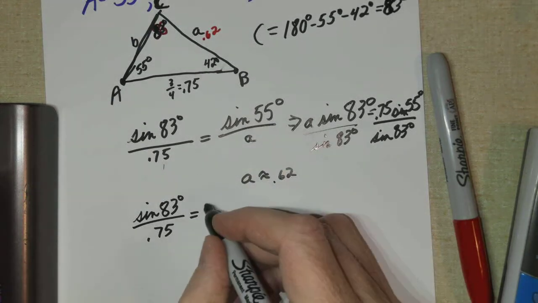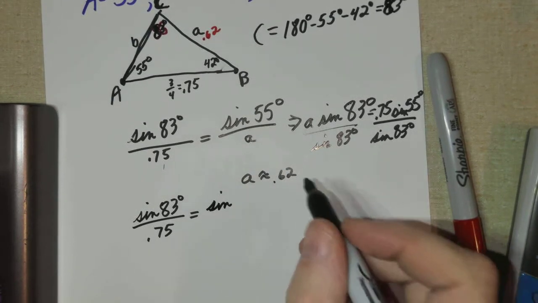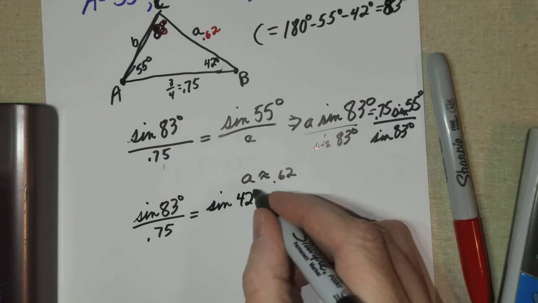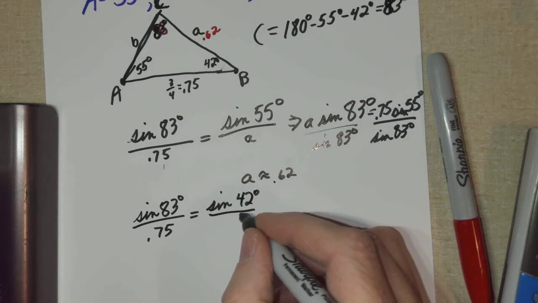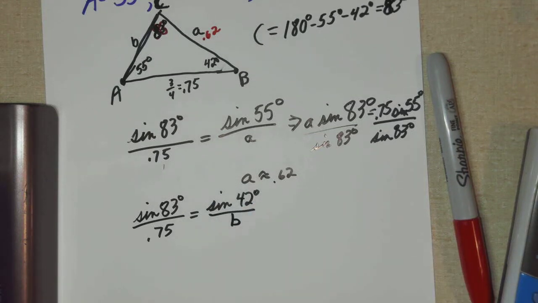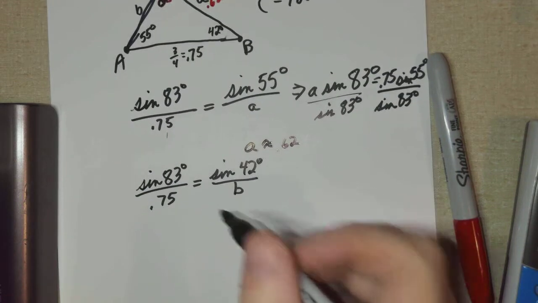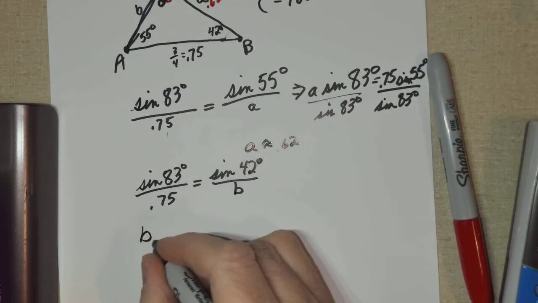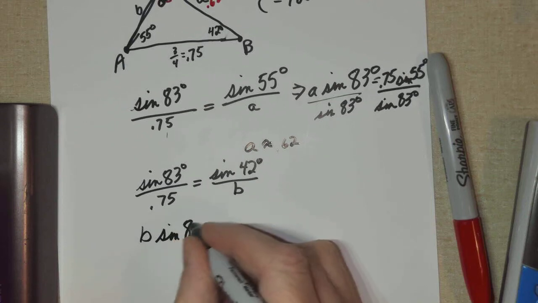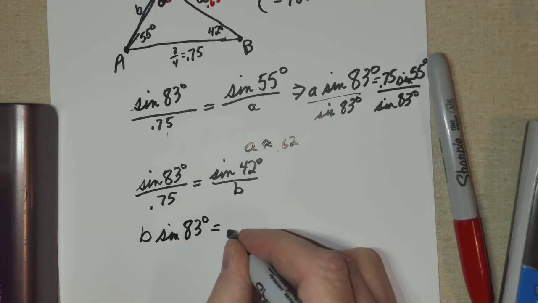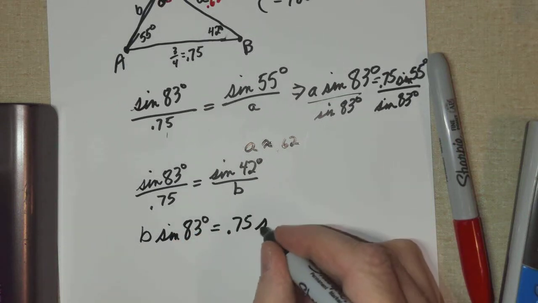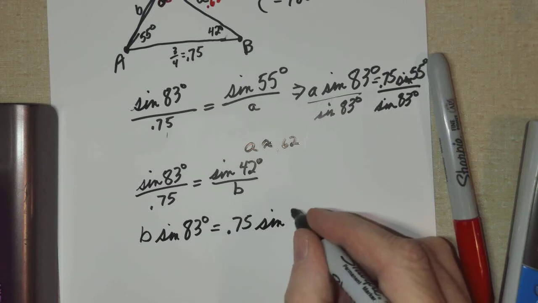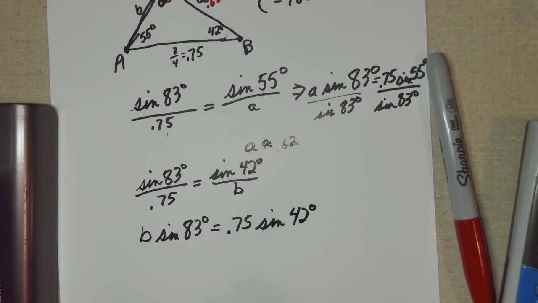And I will go the sine of 42 degrees over B. Let's keep solving this. B times the sine of 83 degrees is equal to 0.75 times the sine of 42 degrees.